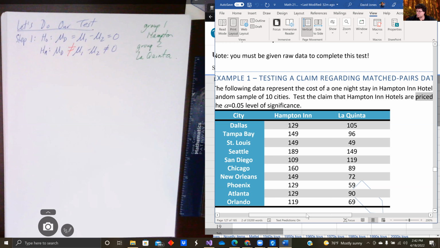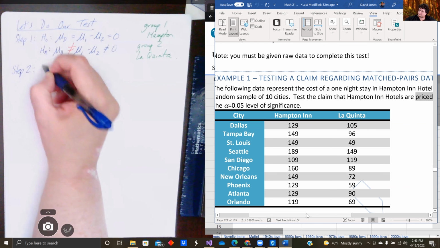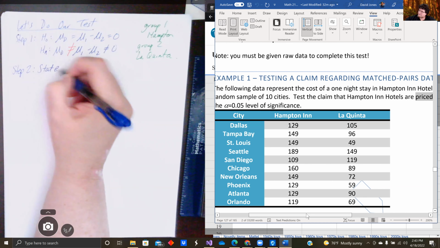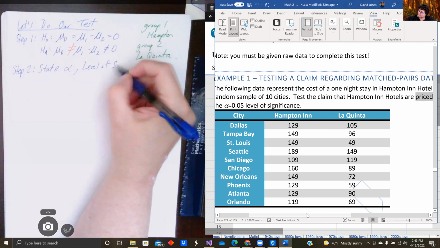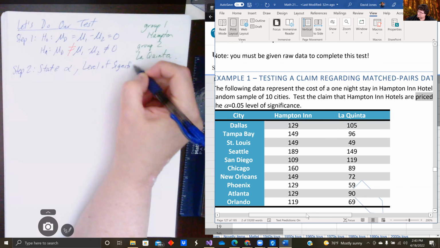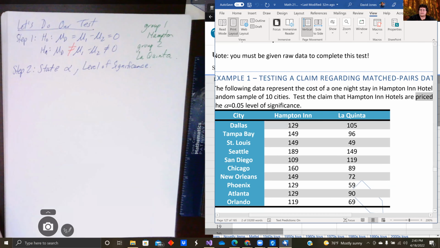Step 2 and step 3 are sort of connected. We can't do anything until we have both. I'm going to put step 2 as state alpha, or the level of significance. And in this problem, they actually tell us what it is.